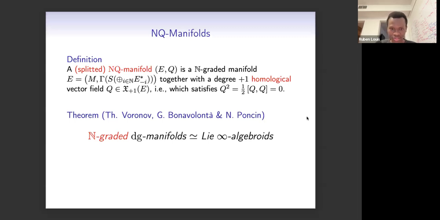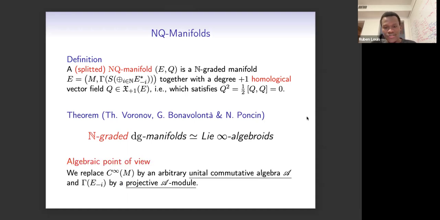They are in one-to-one correspondence, just like in the case of Lie algebroids. So you get a one-to-one correspondence with N-graded dg manifolds.